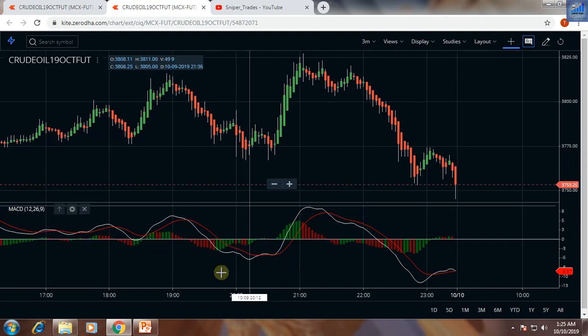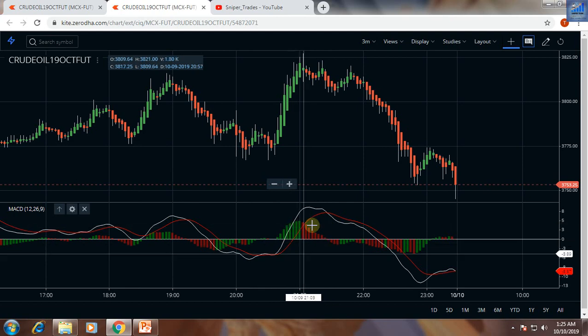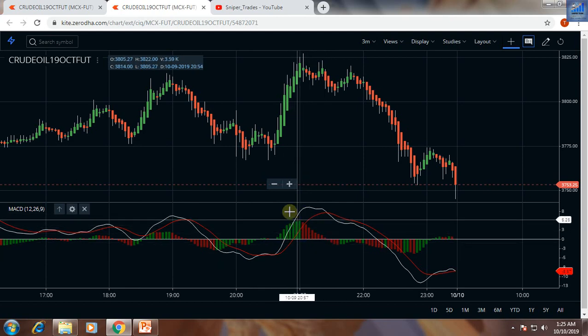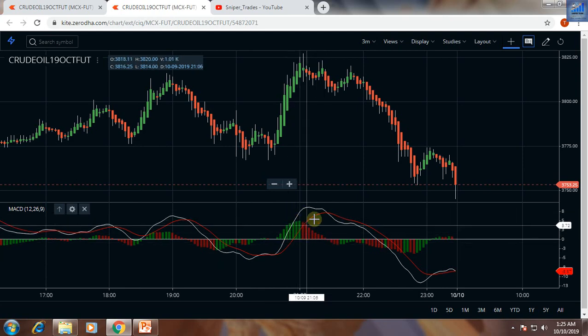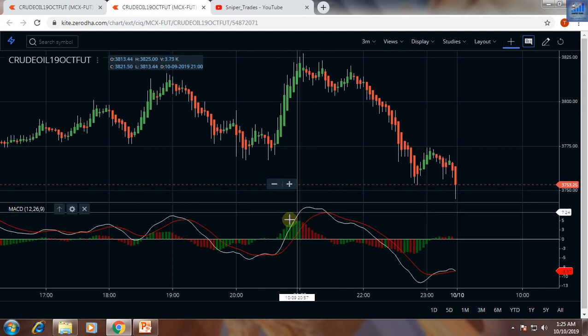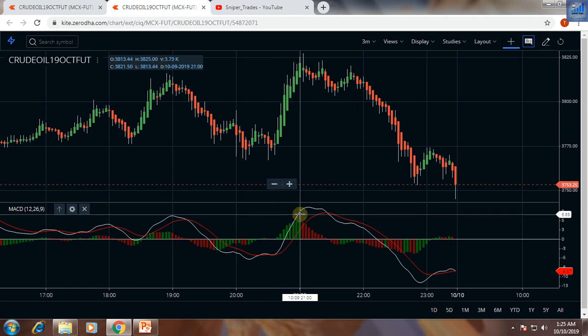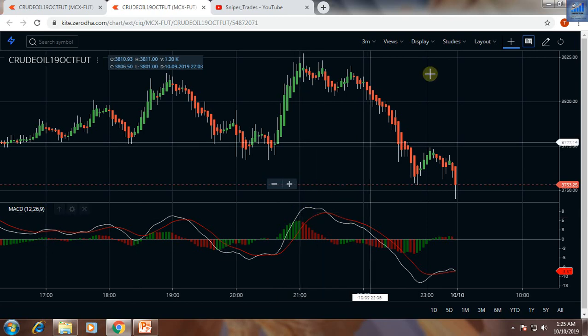In this MACD indicator, the white line is called the MACD line and the red line is called the signal line. The MACD line is nothing but a combination of two exponential moving averages, the 26 period and the 12 period exponential moving average.